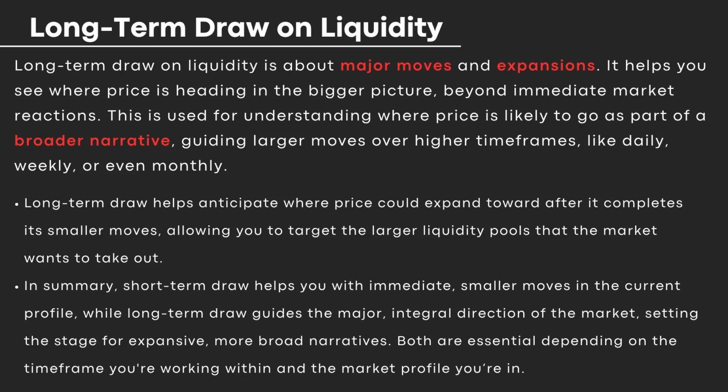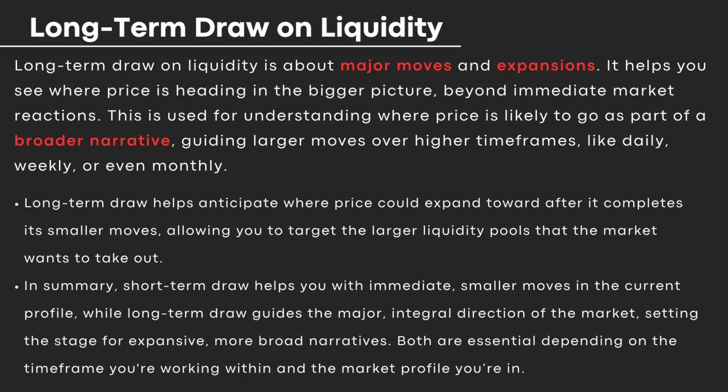Now, as we discussed earlier, short-term drawn liquidity determines where immediate market movements and reactions could occur, like retracement profiles and rejection of highs and lows. But on the other hand, long-term drawn liquidity deals with expansions and reversals, showing us where these broader and major moves could go and where they are trying to reach for, right? It gives us a perspective on the bigger picture of market movements and where it's likely headed, right?